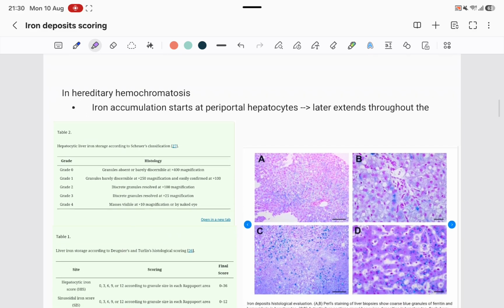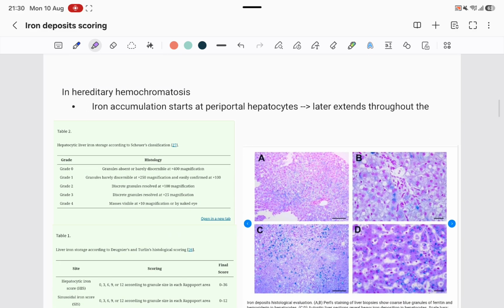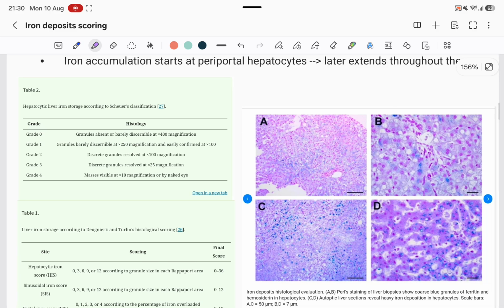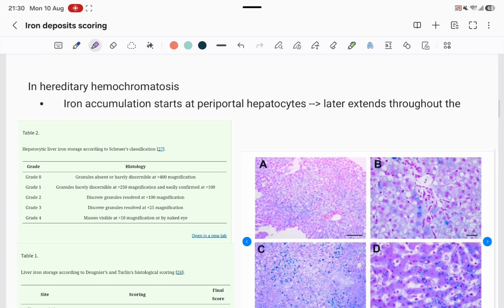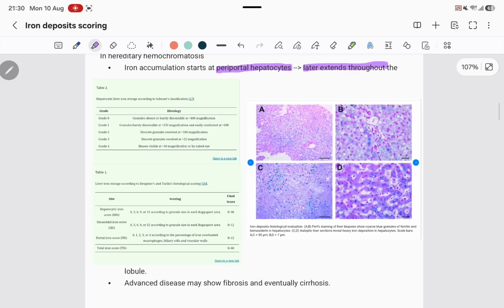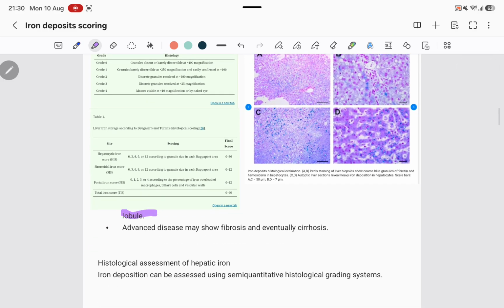So how do we score it? That's the main thing in here. Iron accumulation starts at the periportal hepatocytes and then extends through the lobule. With advanced disease, it can show fibrosis and cirrhosis.